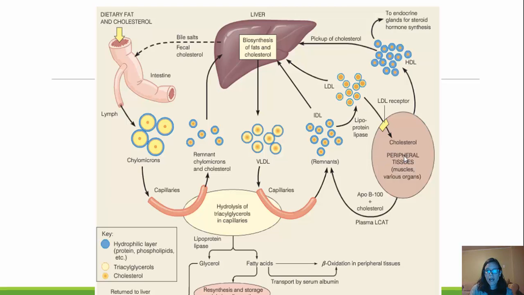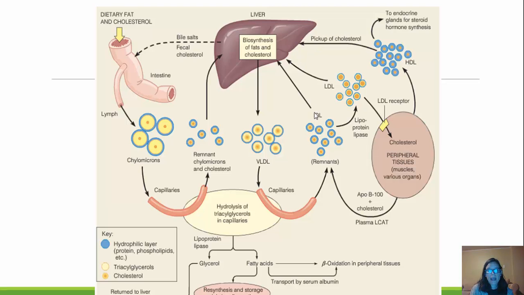We can have our LCAT enzyme that helps to transfer it back to IDL, which can serve as a precursor for recycling and going through this process again, or bringing it back to the liver. Or we can have reverse cholesterol transport, in which the HDL comes by, picks up the cholesterol, and then takes it back to the liver.